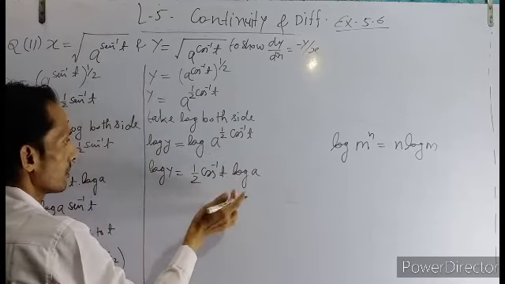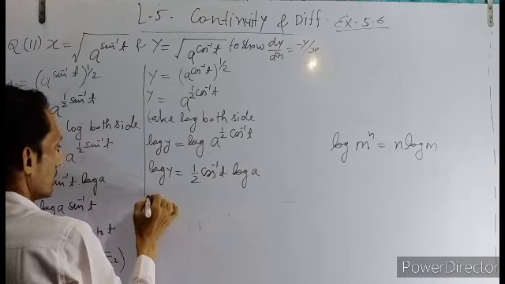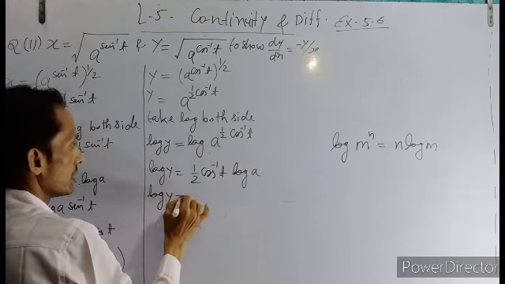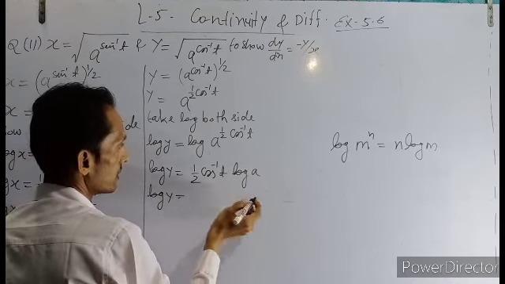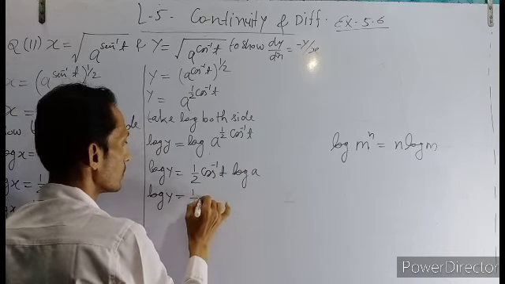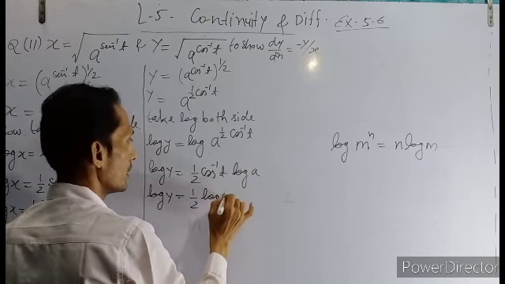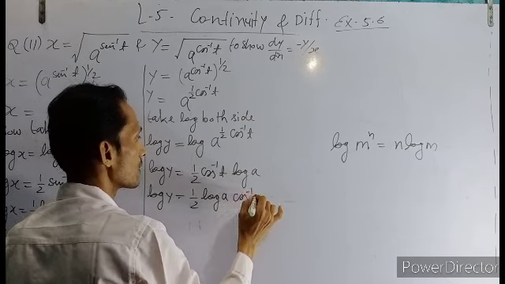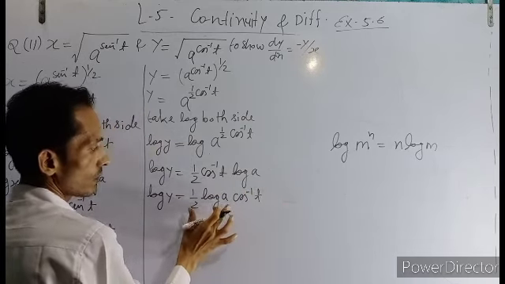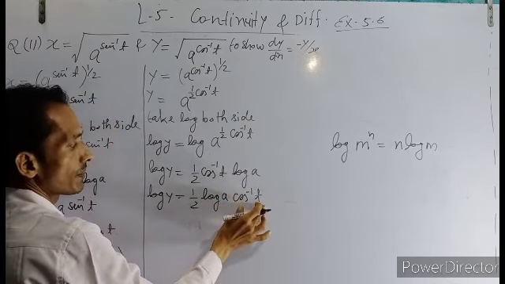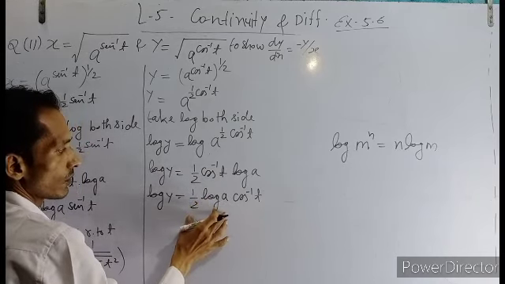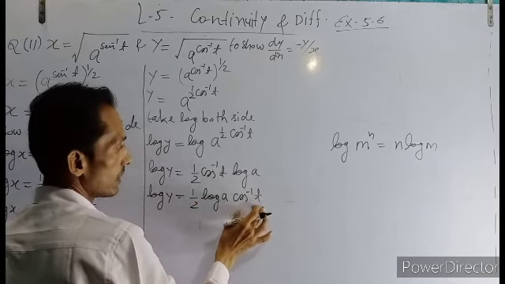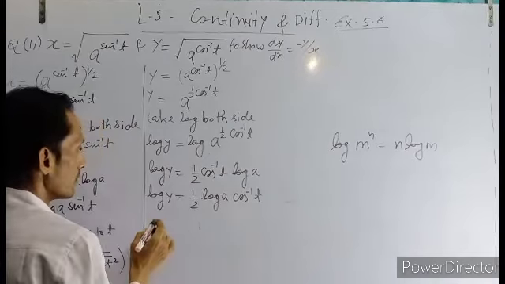This is a constant. Bringing the constant to the same side, log y equals 1 by 2 log a cos inverse t. This is the constant coefficient of the derivative, so there is no need to differentiate it. We differentiate only cos inverse t with respect to t.